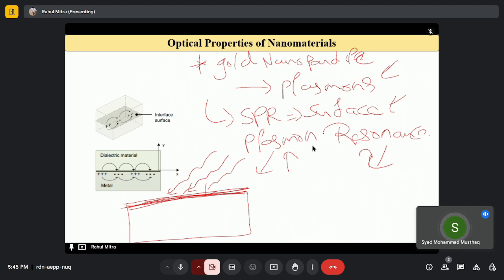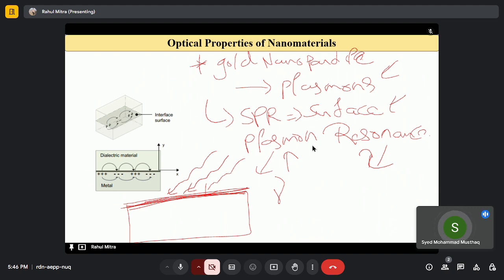Let's say the bombarded radiation has a frequency mu. Now this frequency starts to oscillate the atoms, which creates electric fields, and which oscillates the electrons, right? And this collective oscillation of electrons in resonance with the frequency of light will result in the formation of surface plasmon.